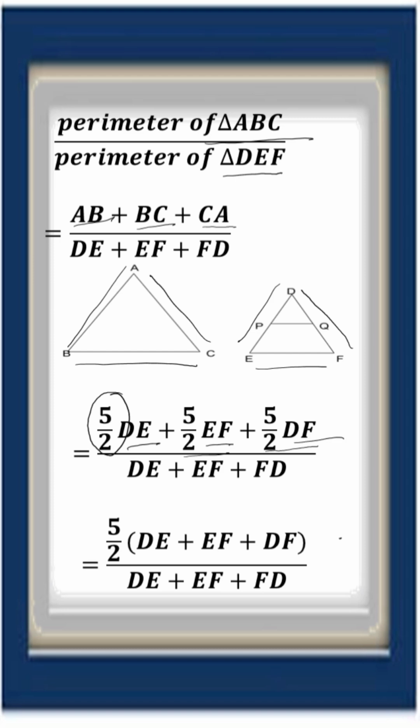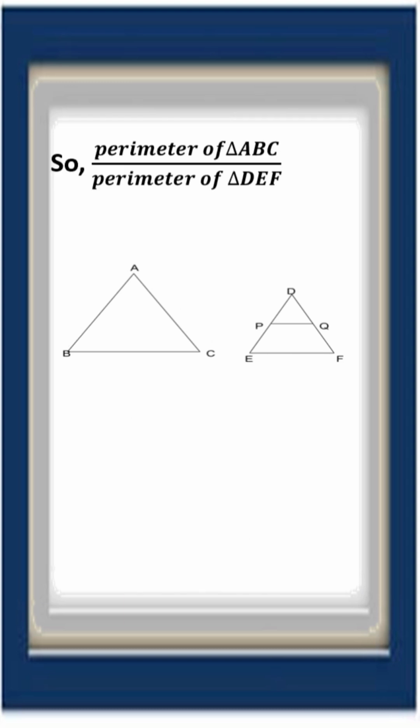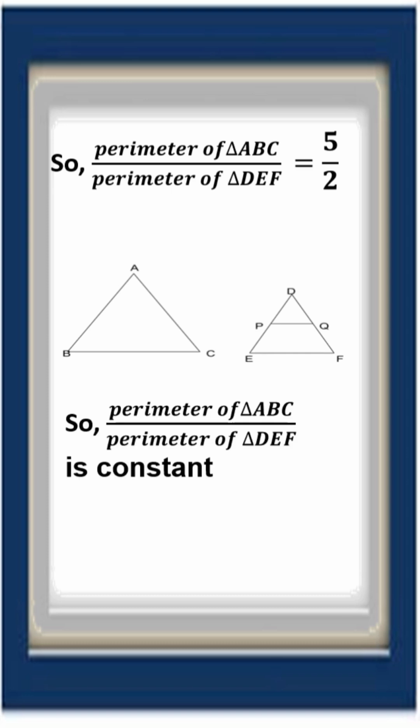Here you can observe that this and this are same things, so we can cancel them. So perimeter of triangle ABC upon perimeter of triangle DEF is equal to 5 by 2, which is a constant.